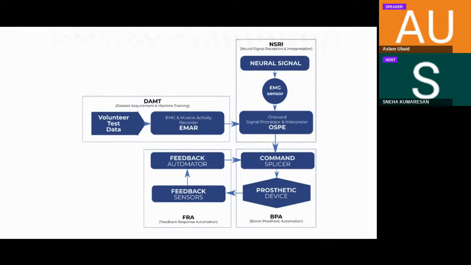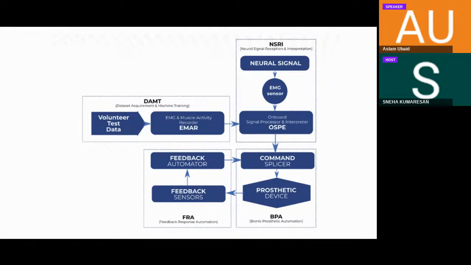So we acquire the volunteer test data, and this volunteer test data consists of EMG and muscle activities recorded. Then this data is fed into our neural signal reception and interpretation device, which could be a Raspberry Pi computer, which now is more powerful than what we have seen before. We have huge processing capabilities in there, and we could use that pocketable device to control this whole thing.